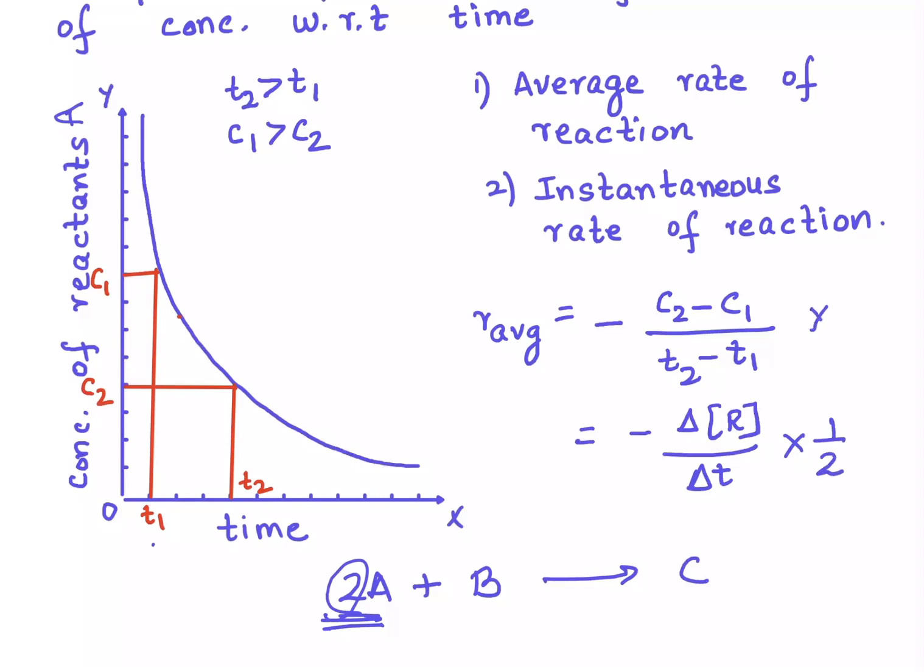So in order to express the average rate also, I'm going to divide it by the coefficient. That is only if my reaction has a coefficient for that particular reactant. I hope this makes it clear. Are you noting it down? Because this is going to come in very, very handy. Your own handwriting will help you to remember the things better.